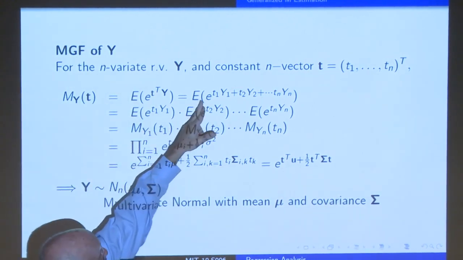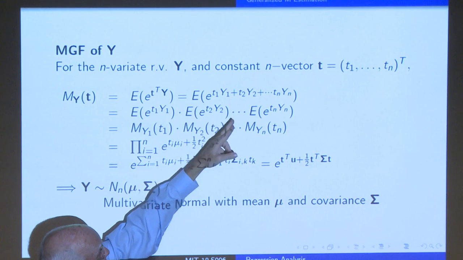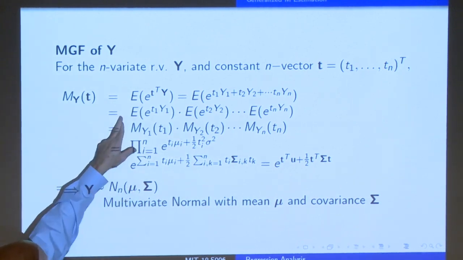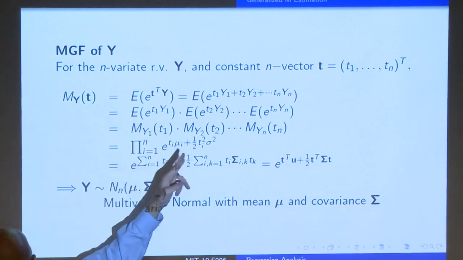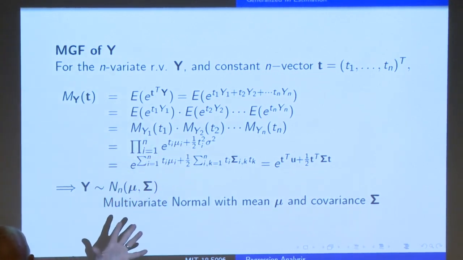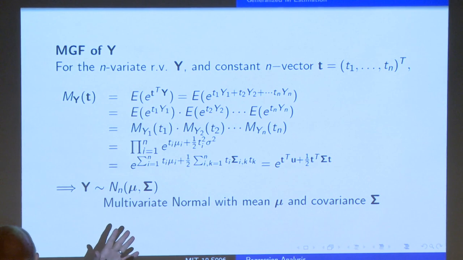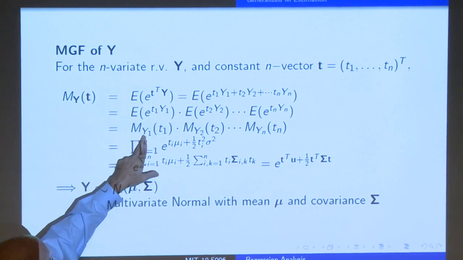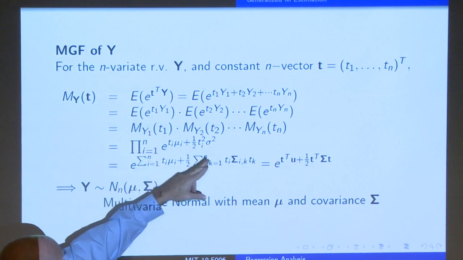And it's equal to the expectation of e to the t1y1 plus t2y2 up to tnyn. So this is a very simple definition. Because of independence, the expectation of this exponential sum is the product of the exponentials. And so this moment generating function is simply the product of the moment generating functions for y1 up through yn.